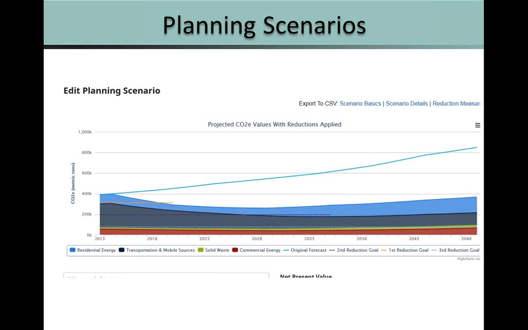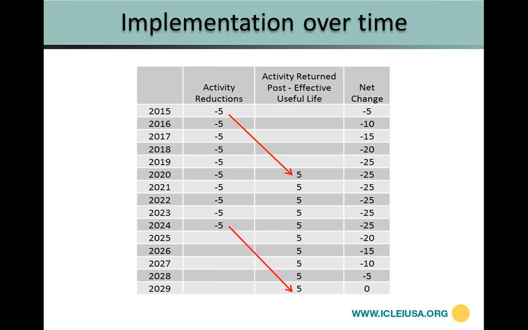Many land use and transportation measures also take time to reach their full impact. Other measures, such as retrofitting a single government building, just have a one-time impact. But we always want to recognize that equipment and appliances wear out after a period of time, and the efficiency benefit is lost.